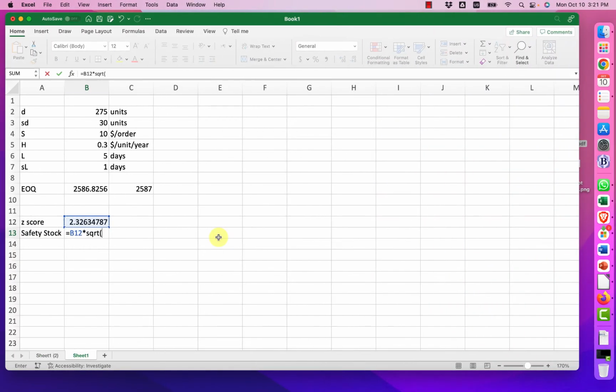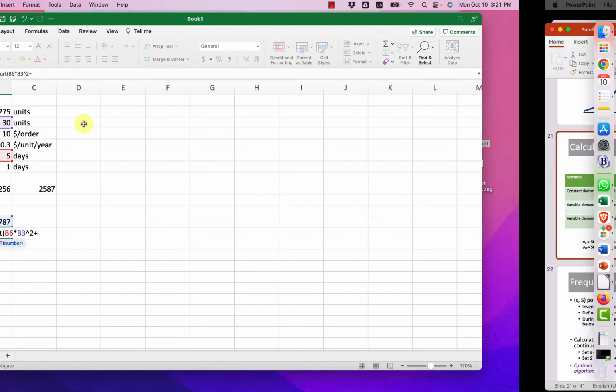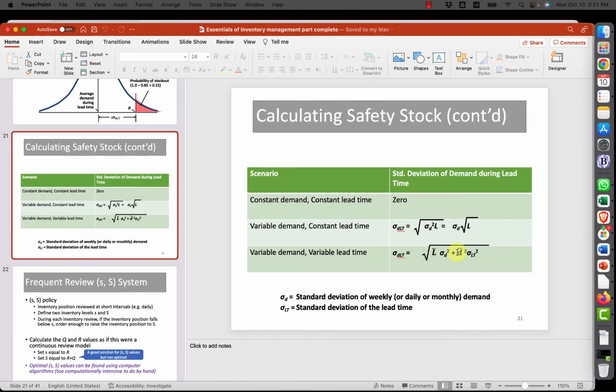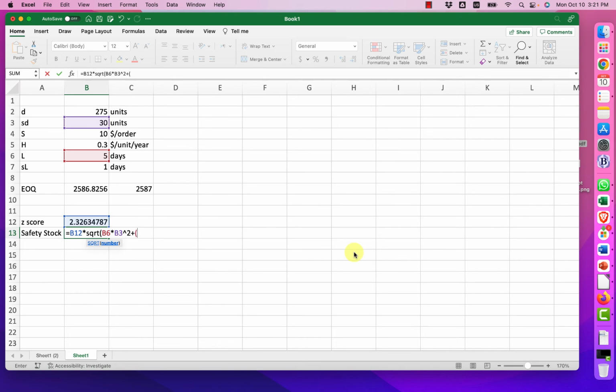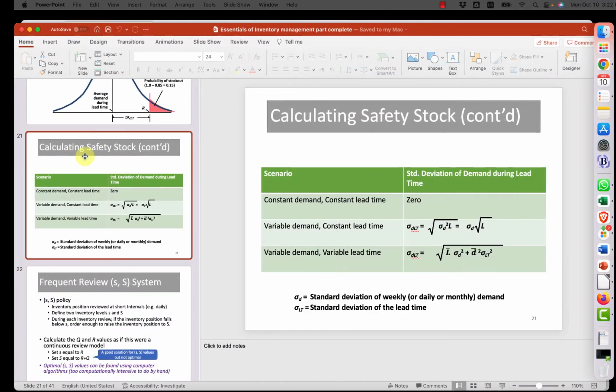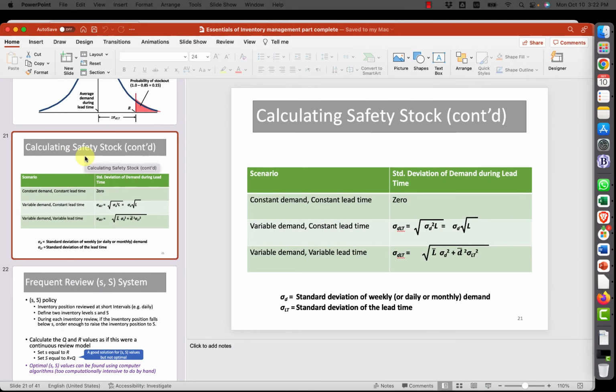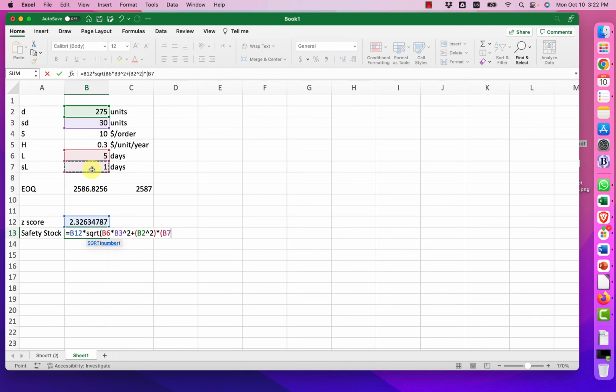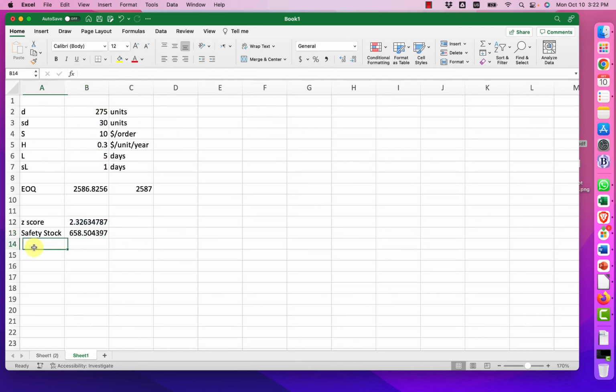I take the lead time times the standard deviation of demand squared, plus the daily demand squared times the standard deviation of lead time squared. So that's my safety stock.